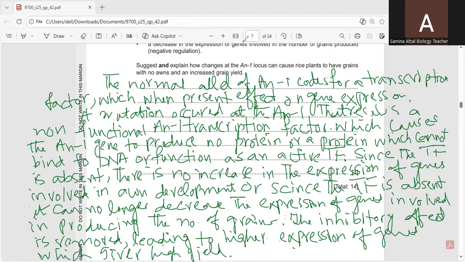So it means it will act both ways, that is the positive regulation and the negative regulation as well.